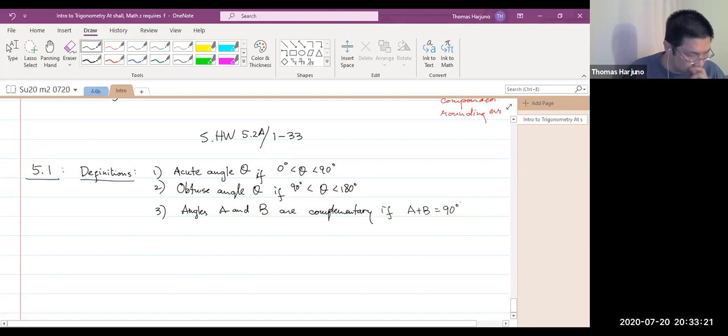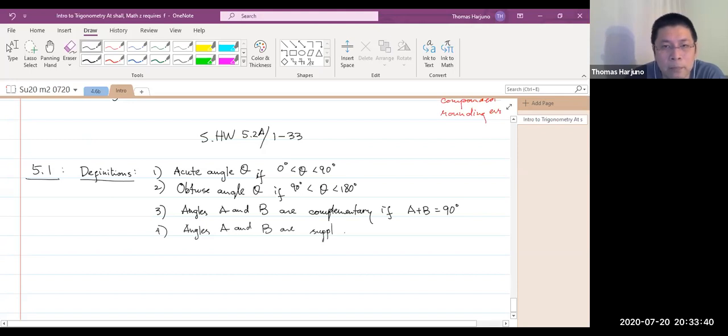You need to remember those terminologies though. And angles A and B are supplementary if the sum is 180 degrees.